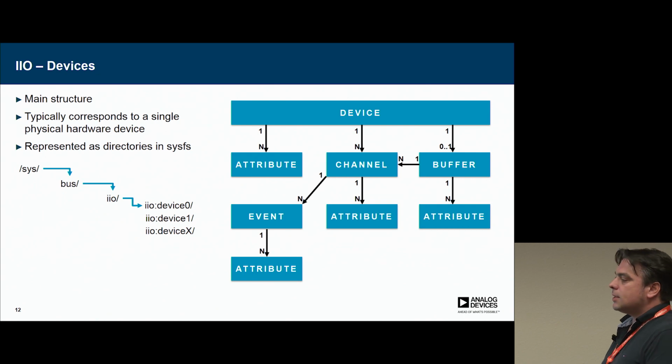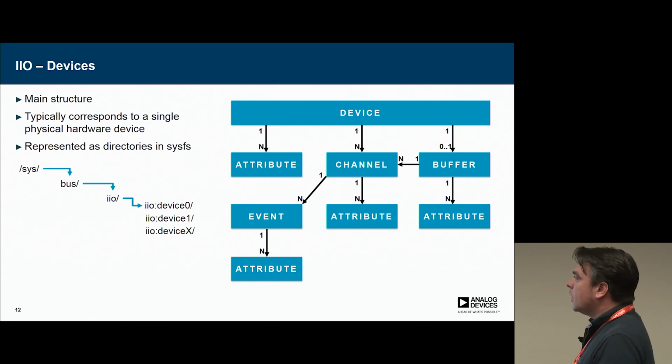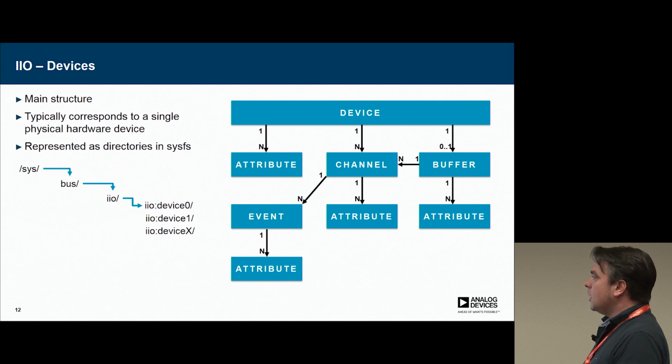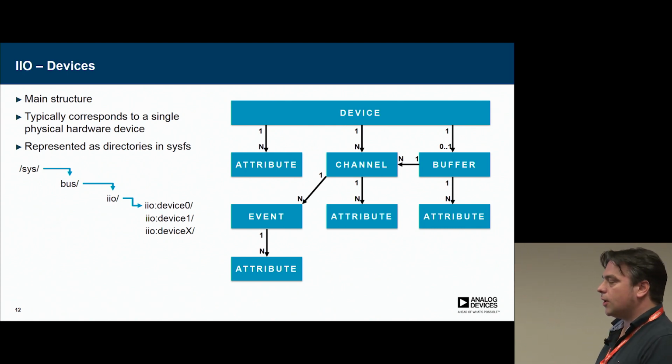An IIO device is like the top level unit in the IIO world. In general, in Linux, there are buses and devices, and a device typically corresponds to a physical hardware device, an ADC, a DAC, or an amplifier or something like that.